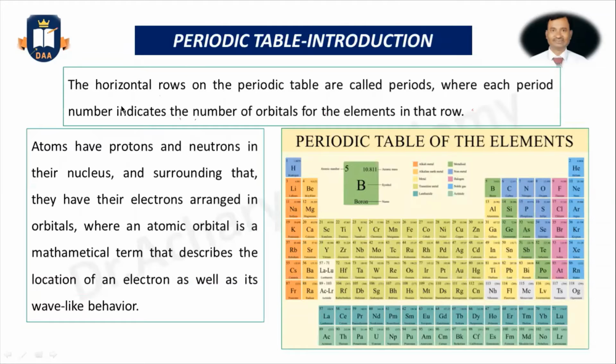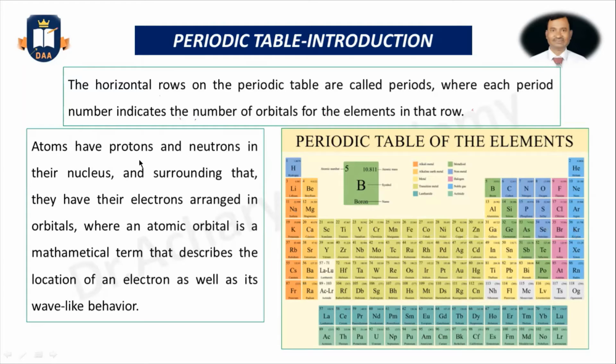So these horizontal rows in the periodic table are called the periods, where each period number indicates the number of orbitals for the elements in that row.